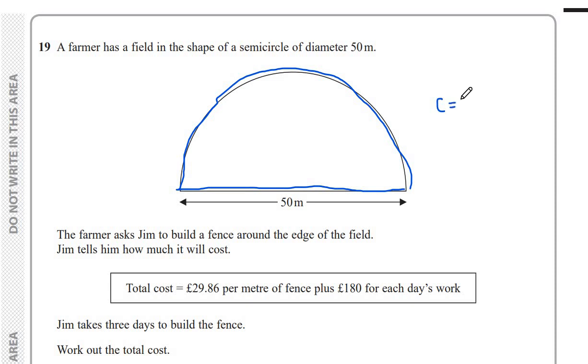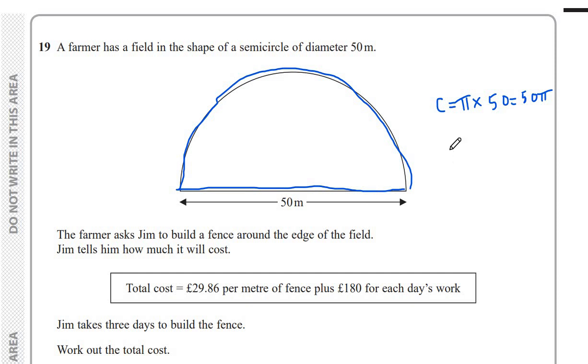Circumference is pi d, so pi times 50. That's 50 pi. He also needs to put a fence along the diameter, so that is going to be another 50 meters.